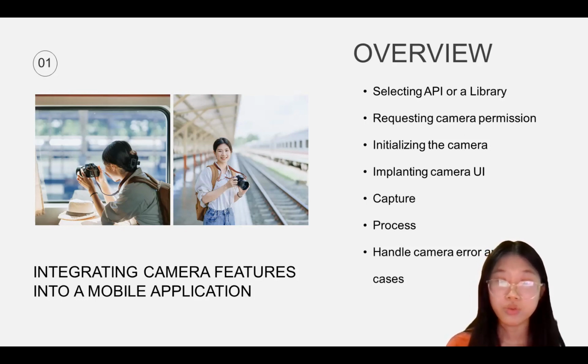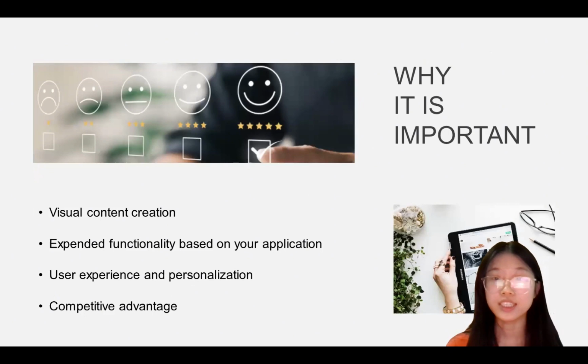Okay, so why is integrating camera functions into your mobile app so important, you might ask? It's because firstly, it allows visual content creation, such as the social media apps that we use nowadays. And then it expands functionality, such as QR code scanning in banking apps and face recognition for certain authentication processes.